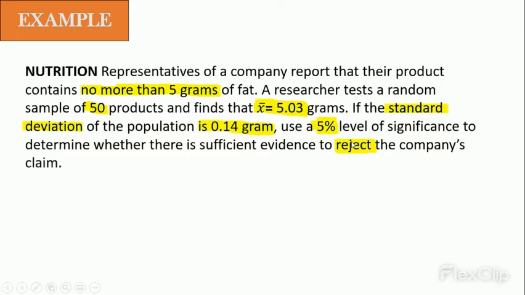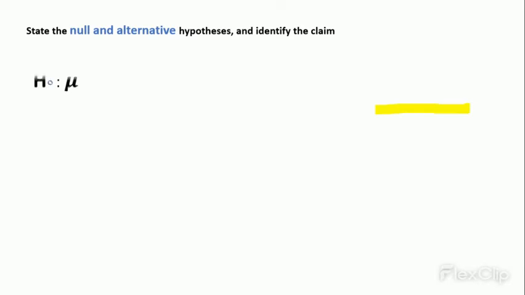The first step is to state the null and alternative hypotheses. Because we have no more than 5, the alternative will be mu greater than 5, and the null will be the complement, which is less than or equal 5.